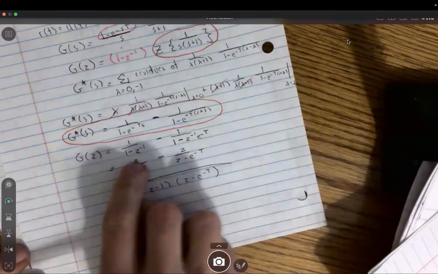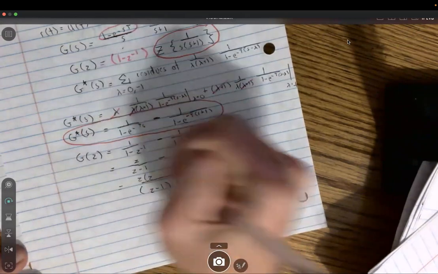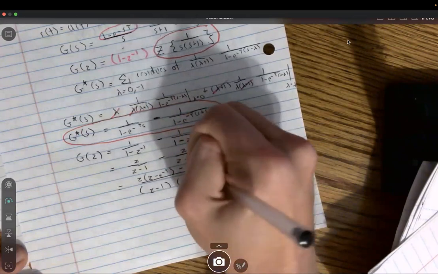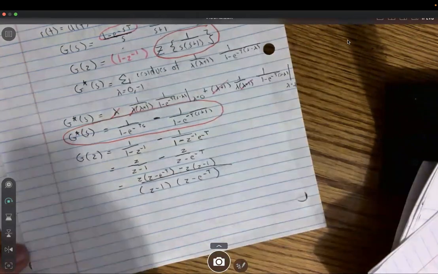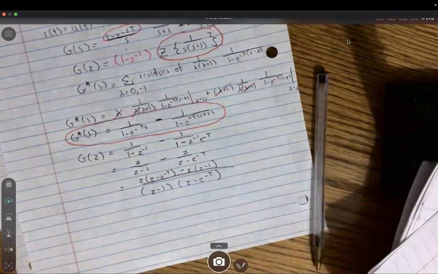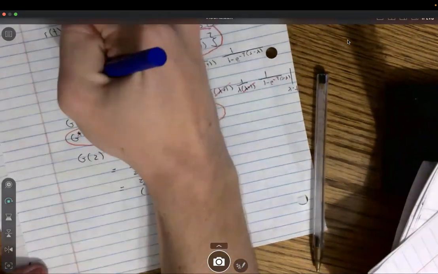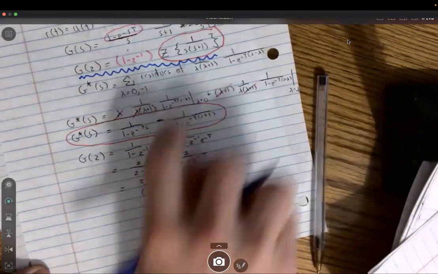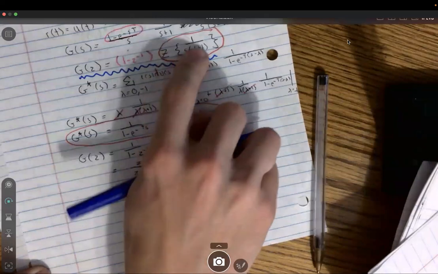And then here we have z multiplied by z minus e to the negative t, and then minus z times z minus 1. Okay, and so looking at this in its entirety, we just found the Z transform right there of our function.